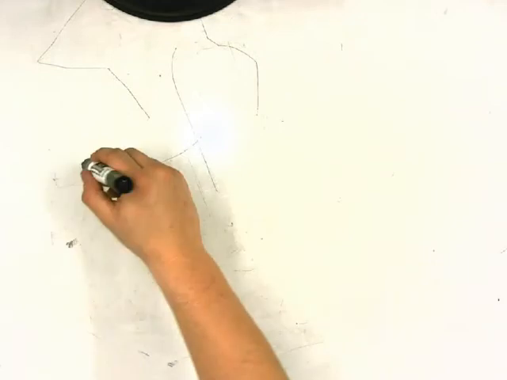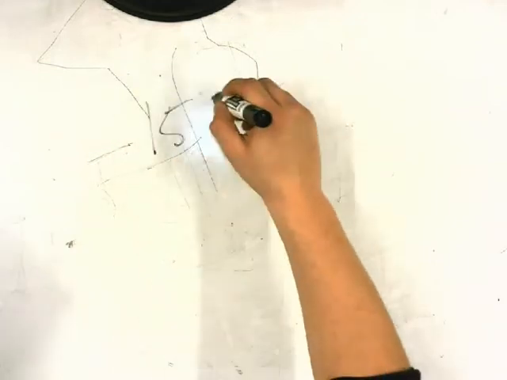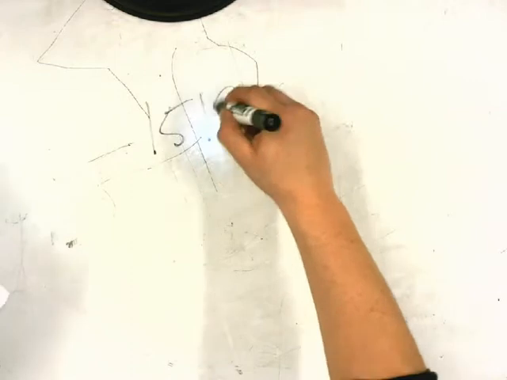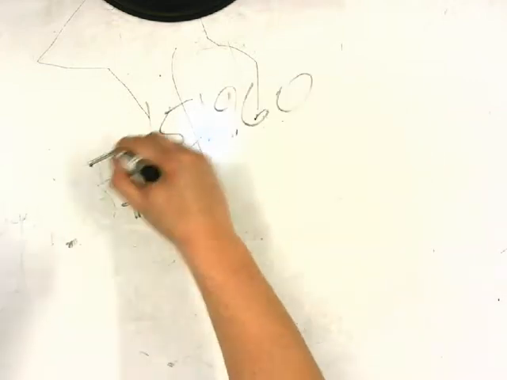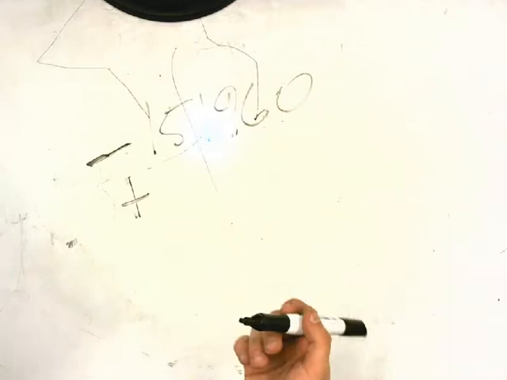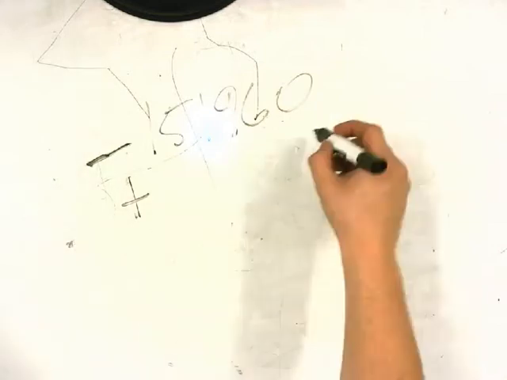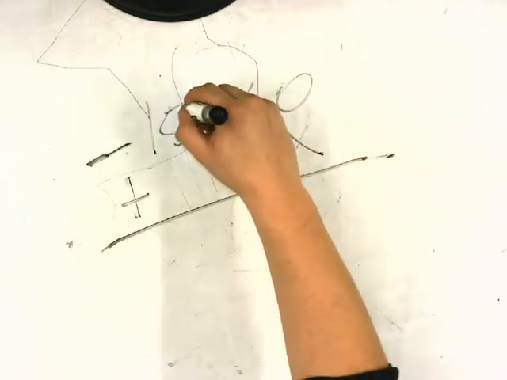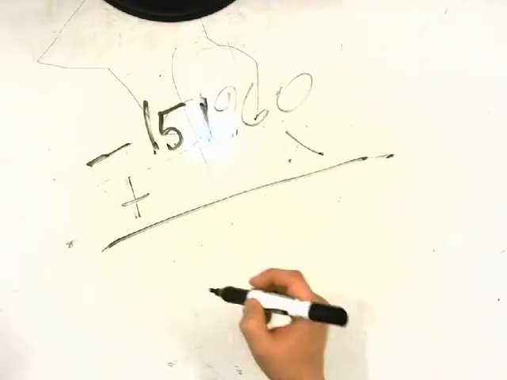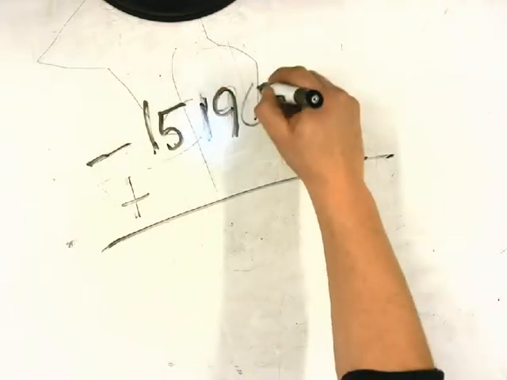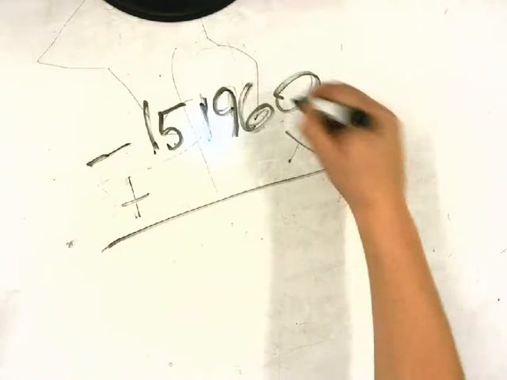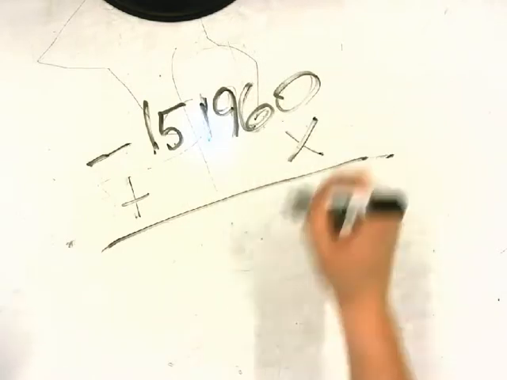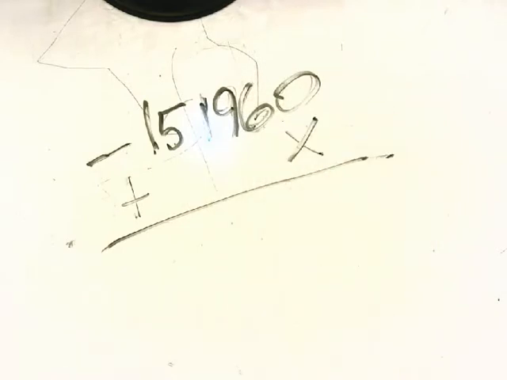So with this number, what we go on to do is that we need an excess. So right now we have negative 151,960, and we have to add an X amount to create a positive 150 kilojoules. Here, let me change colored pens.